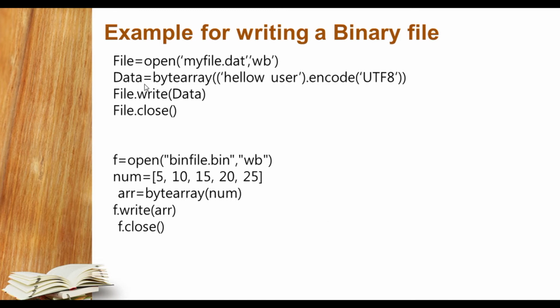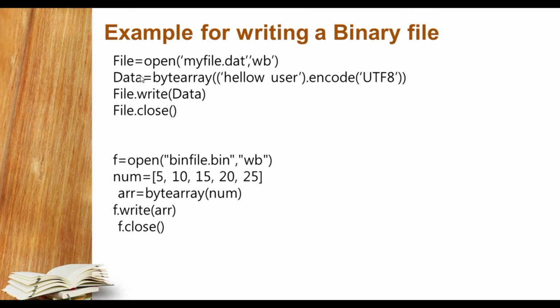Here you can see file as a file object equals open. Within single quotes I have written myfile.dat, then a comma and wb mode, that means write binary file mode, and then data. Here I am going to convert a string: data equals bytearray, within round brackets I have passed the string hello user, then dot encode UTF-8, and this will be transferred to the data variable.